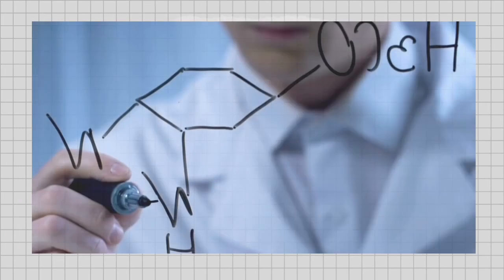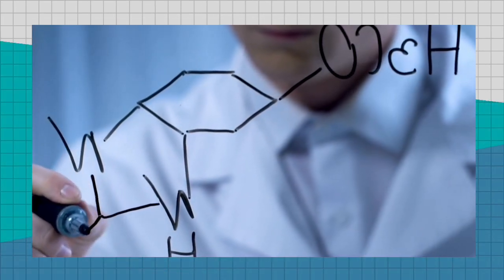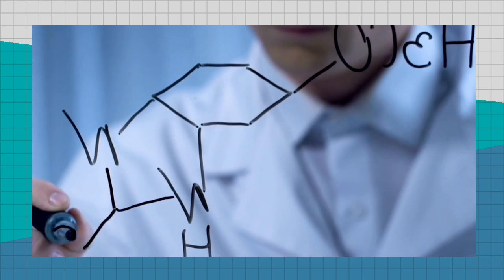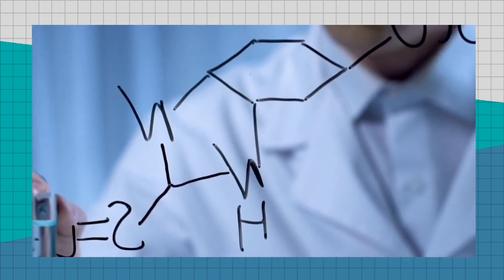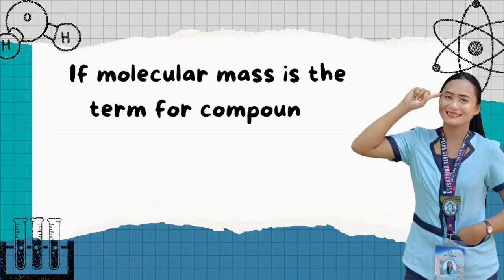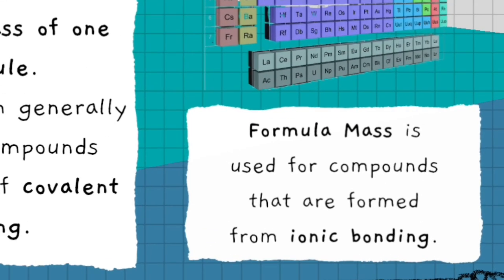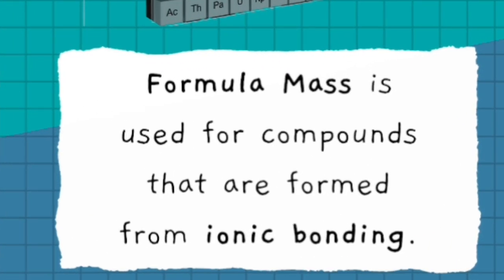In the previous lesson, we learned that formulas of compounds are written with subscripts that represent the number of atoms in that formula. If molecular mass is the term for compounds formed out of covalent bonding, then formula mass is what we used to call for compounds formed from ionic bonding.